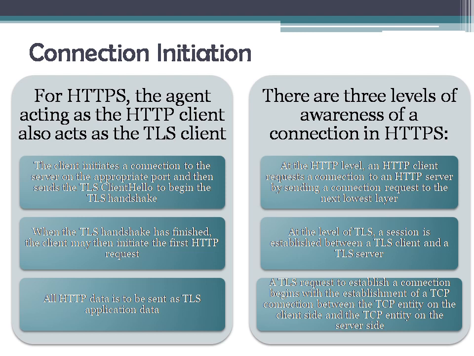Then at the level of TLS, a session is established between a TLS client and a TLS server. This session can support one or more connections at any time. As we have seen, a TLS request to establish a connection begins with the establishment of a TCP connection between the TCP entity on the client side and the TCP entity on the server side.